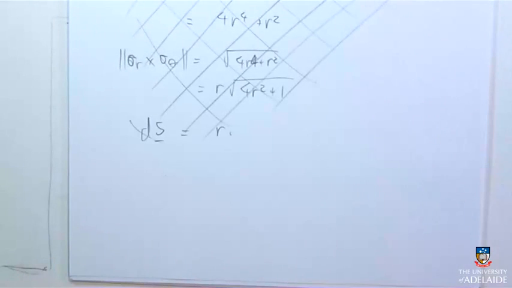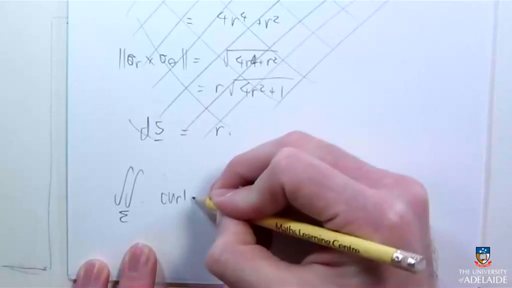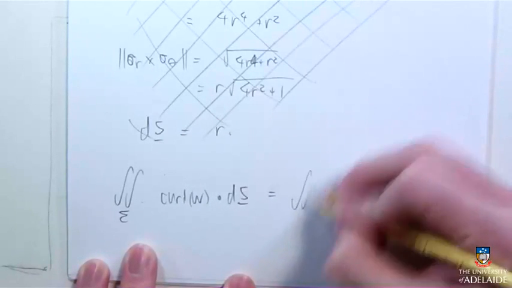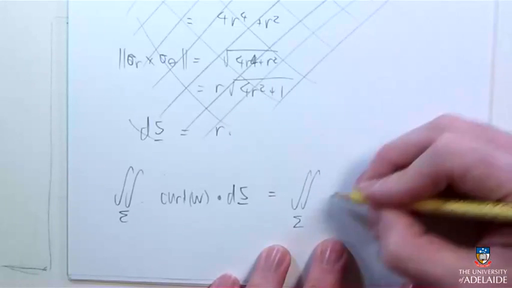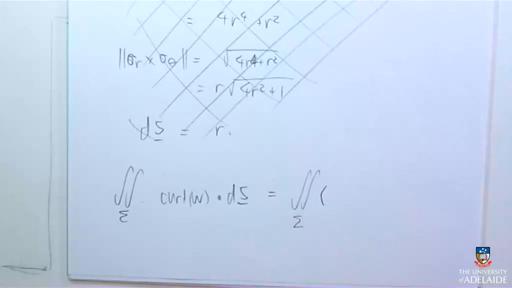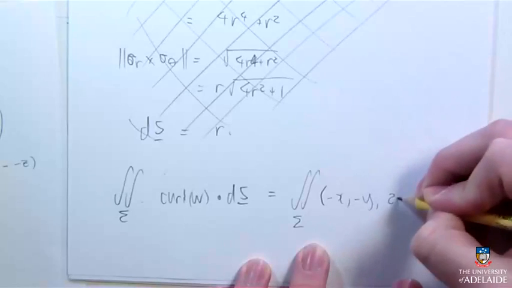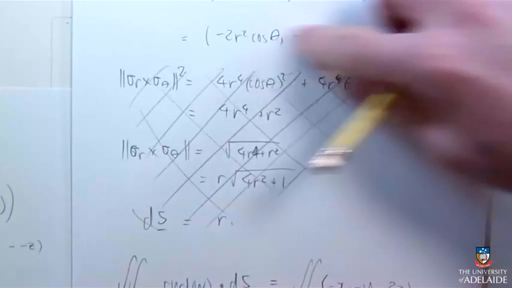So what have I got now? I have figured out what my integral is now. So my curl became minus x minus y 2z, and my ds became this thing.